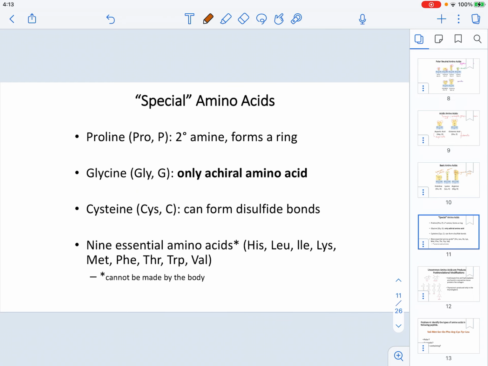When it comes to amino acids, I already explained that some of them we have to treat as special just because of the features that they have.